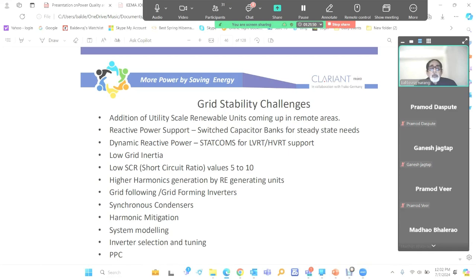And another problem we have is harmonics generation by the renewable plants. They generate very typical harmonics. It is not the standard harmonics like fifth and seventh we normally have in a load like a six pulse converter.